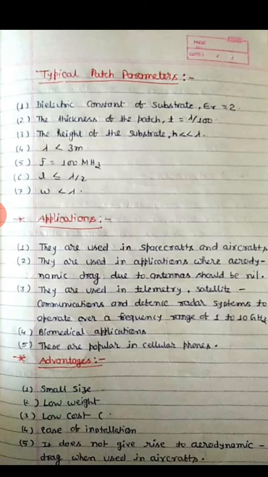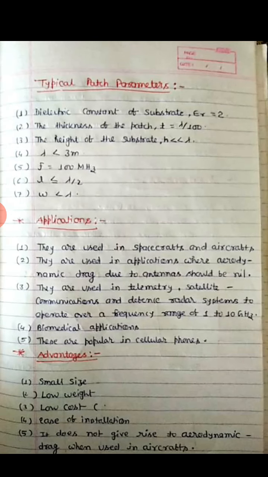Now what are the applications of this microstrip antenna? They are used in spacecraft and aircraft, in applications where aerodynamic drag due to antennas should be nil. They are used in telemetry, satellite communications and defense radar systems to operate over a frequency range of 1 to 10 gigahertz.